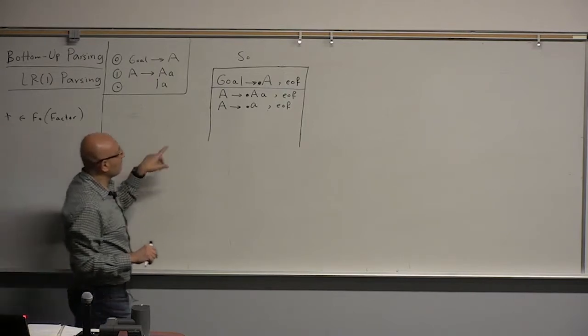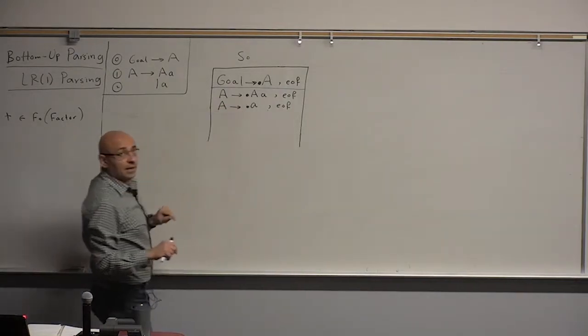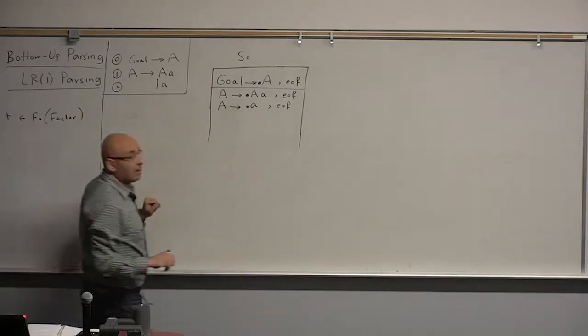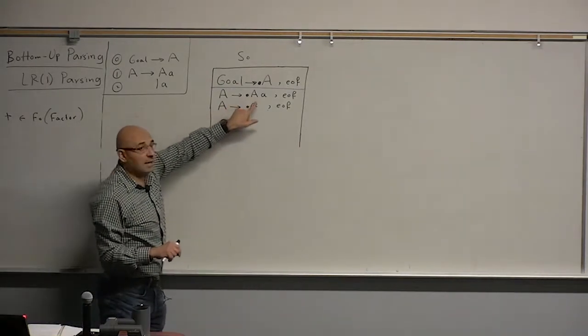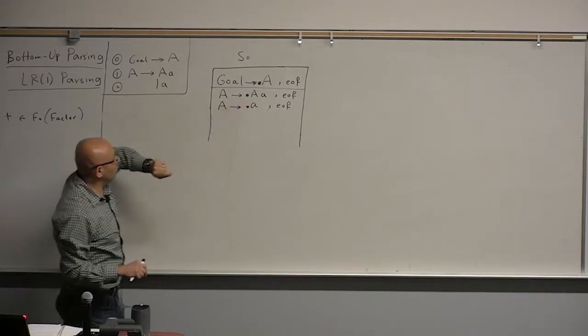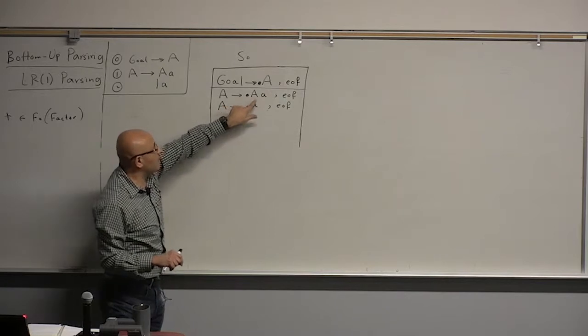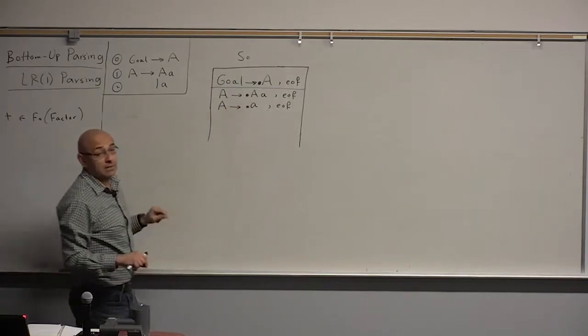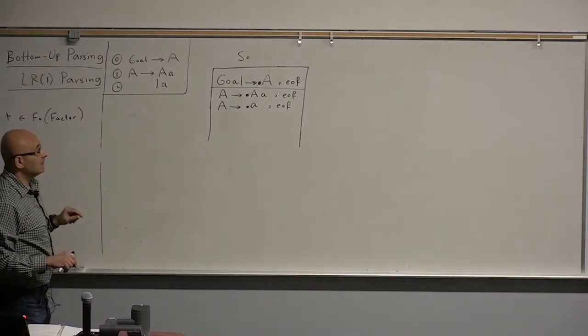In this case, we are at the beginning of an A, but we should be at the beginning of a rule that defines A, but in that case, our look ahead should be what? Little a.